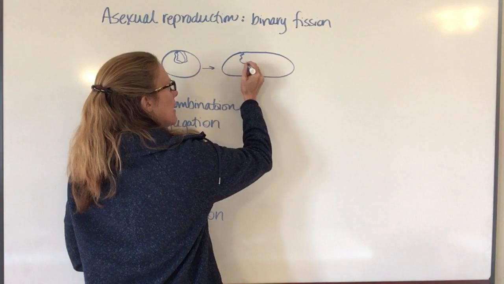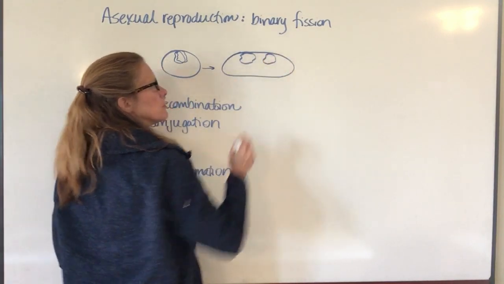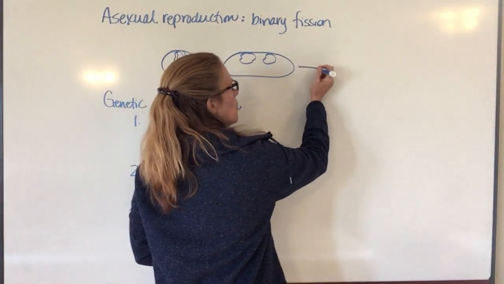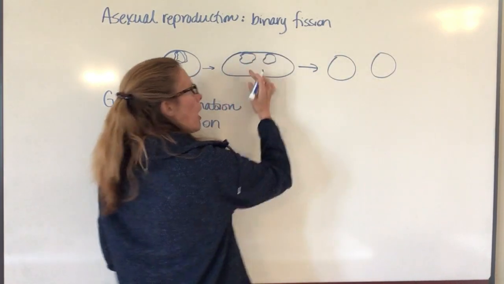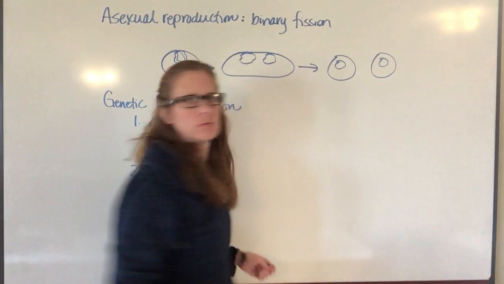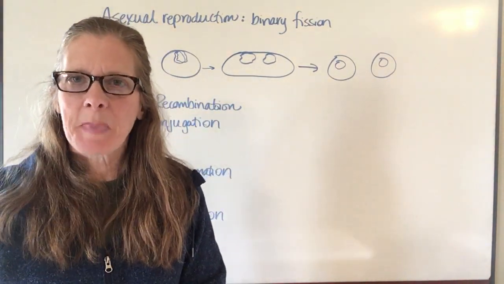So then I have one ring of genetic material here and one ring over here, and it separates itself. And then those are going to pinch apart and separate so that each one has its own ring of genetic material in it. Okay? So that is binary fission.